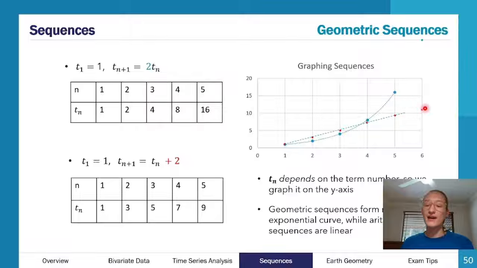So you can start to see that they're fairly similar in the early stages, but my geometric sequence is really getting exponentially bigger. It's following that exponential curve, while our arithmetic sequences are going to follow that same linear trend forever if we keep our sequence going indefinitely. So you can start to see just how different our arithmetic and our geometric sequences are, and when you graph that, you really start to see the pattern.